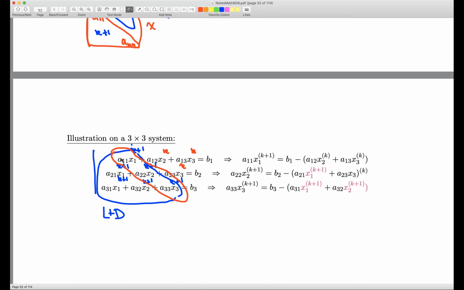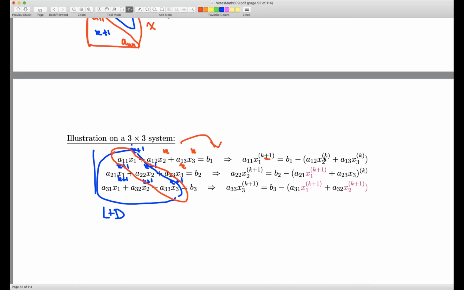So you see here that we have a11 x1^(k+1), where we keep the index k plus 1. And everything associated with entries from the upper part of A is with index k. So this moves to the right and it is with index k.